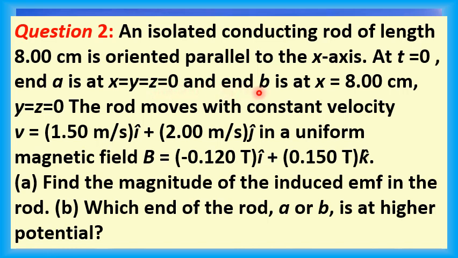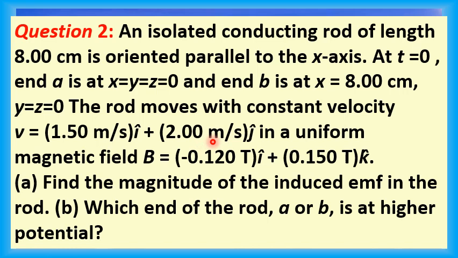And the end B of the rod is at the x coordinate of 8.00 centimeters. Y and z are both equal to 0. The rod moves with constant velocity expressed in terms of the x and y components, that is, v equals 1.50 meters per second, the horizontal component.